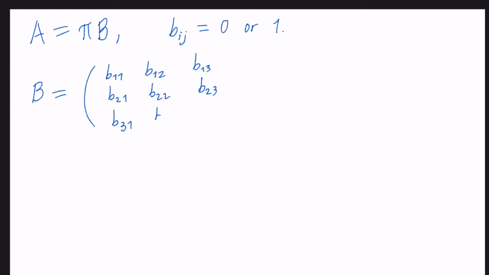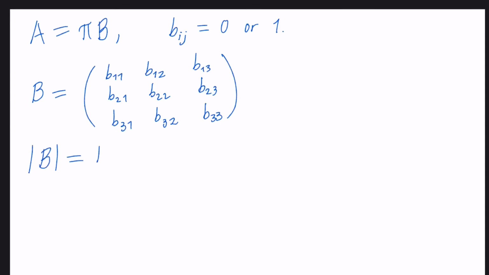I'm just writing the more general form of a 3 by 3 matrix. What is the main thing here? If we make the expansion of the determinant of this matrix, what will we find? We'll find the following.